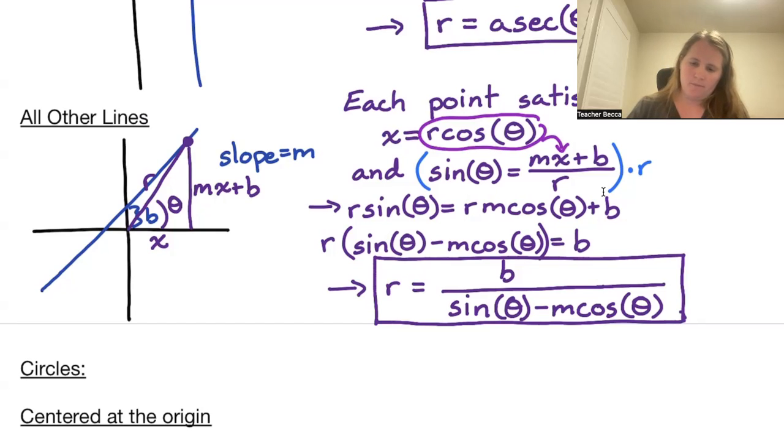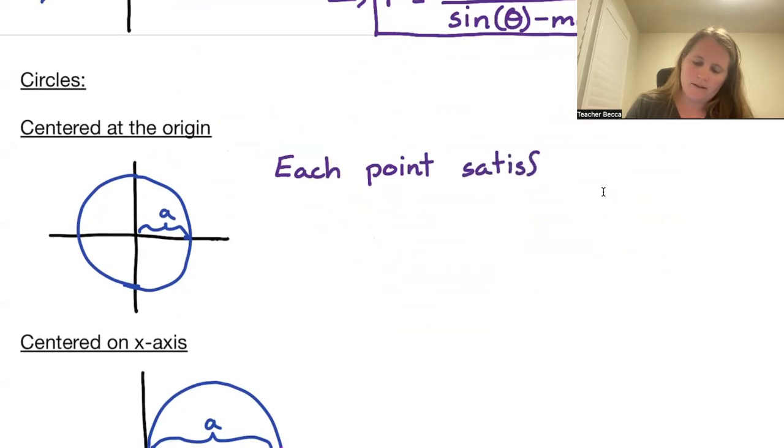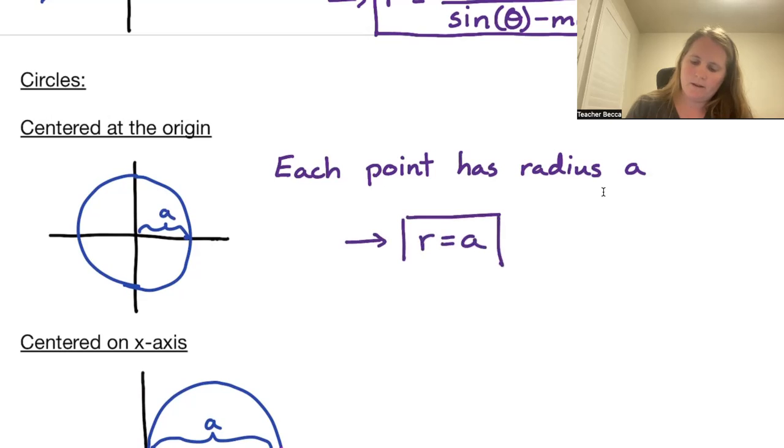Let's do the circle that's simply centered at the origin with radius A. Note each point on this circle has radius A. And so we can simply take this equation to be r equals A. So a circle centered at the origin is r equals A.